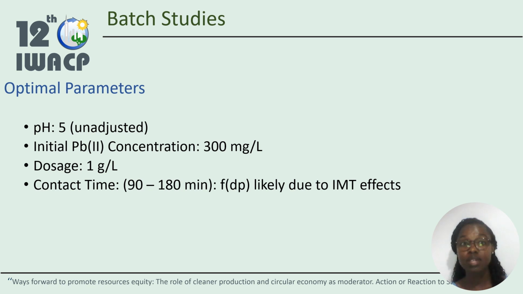The ambient pH of the solution was therefore selected. Optimal conditions for a removal efficiency of above 98% were an initial lead concentration of 300 mg per liter, a dosage of 1 gram of adsorbent per liter of aqueous solution treated, and a contact time of 90 to 180 minutes.